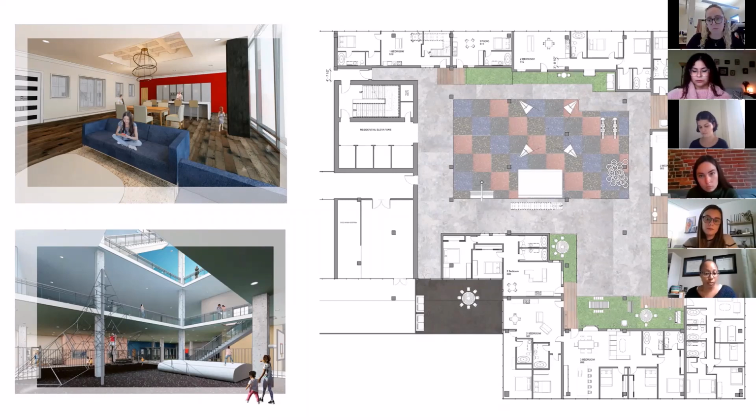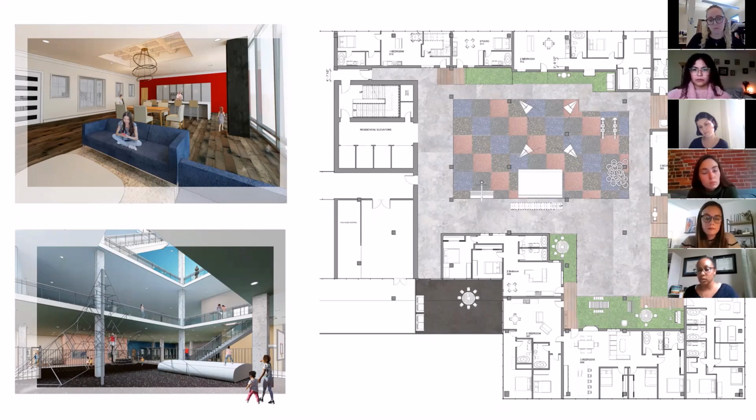Levels 1 through 5 are for the public, and then half of levels 5 through 9 are for private use only. At the top left, you see an example of inside one of the homes in this area. Each house has a front porch, which you can see on the right-hand side where there's the green and the wood, and they have windows that open out into the atrium as well.